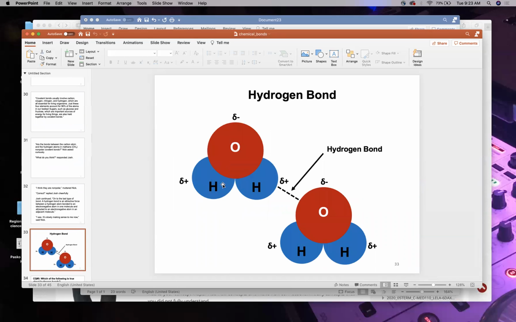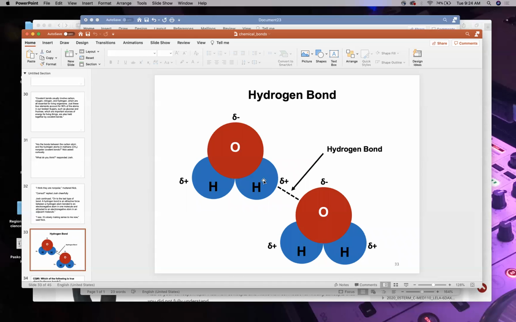Here's water, H2O. H2O has 2 hydrogens and 1 oxygen. The oxygen is now emitting a partial negative and a partial positive. Now, the interesting thing about water is that because of the partial positivity and partial negativity it creates, it also creates hydrogen bonds.